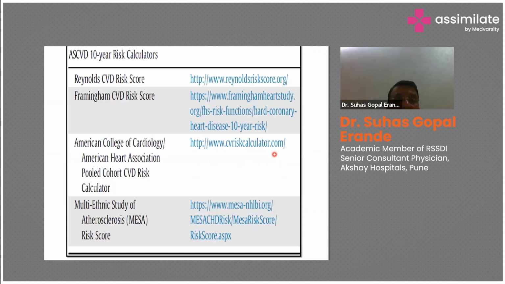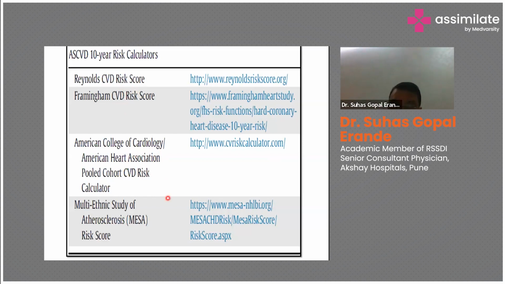What is required to decide the CV risk? I alluded to the popular American College of Cardiology and American Heart Association pooled cohort CVD risk calculator. It is available on most of your smartphones, or you can use other risk scores, for example Reynolds CVD score, Framingham CVD score, or the Multi-Ethnic Study of Atherosclerosis (MESA) risk score.